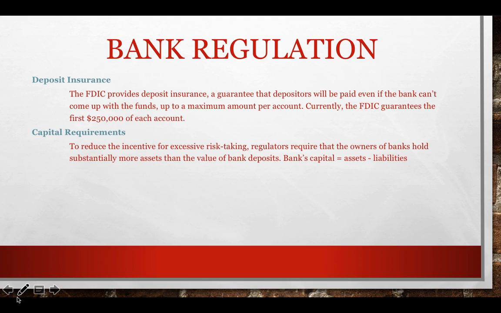And so the Fed asks banks to keep more capital on hand, whether it's property, or, I don't know, it could be valuable art in some cases, or it could be cash, but they need to have more assets than they have liabilities.